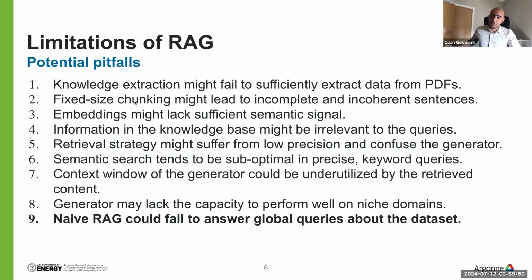Then fixed size chunking at the chunking step might lead to incomplete and incoherent sentences, especially if you're doing something like every 800 characters is a chunk. Maybe your first chunk is going to be the beginning of a sentence, but who knows where it's going to end after 800 characters, maybe in the middle of another sentence. You cut them out.